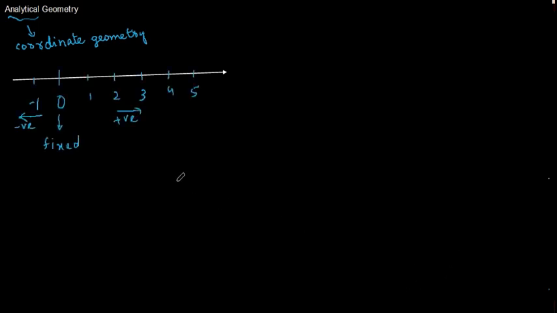Suppose we are on a line, then we can assign numbers to each point on this line, selecting the 0 point as the origin, with all the points on the right side as positive numbers and all the points on the left side as negative numbers. This point is the origin, and the positive and negative numbers make up the coordinate line. Since the numbers are real numbers, we can also call this line the real line.